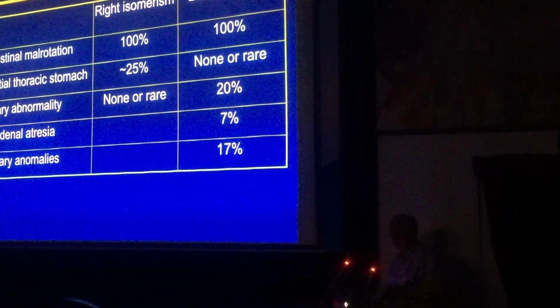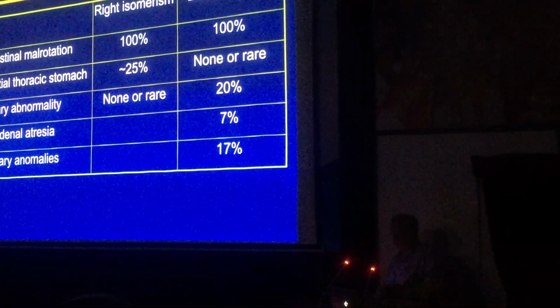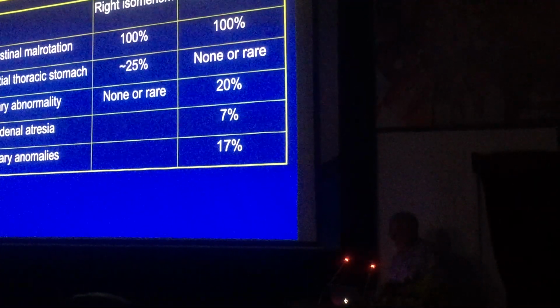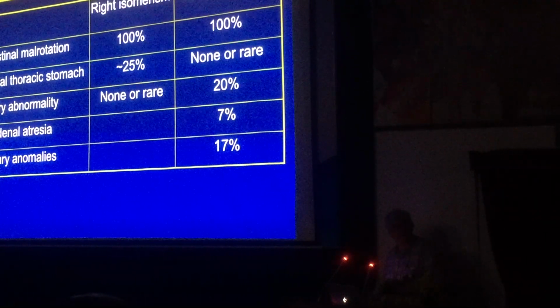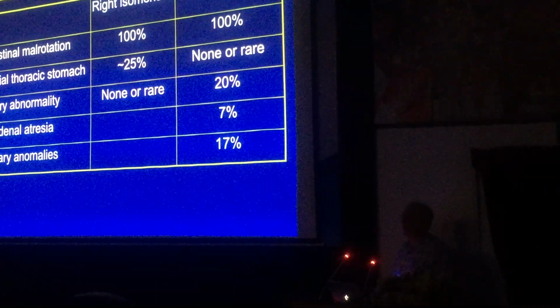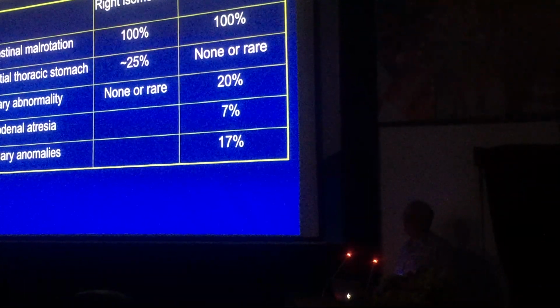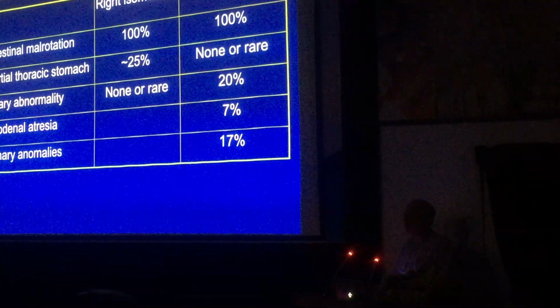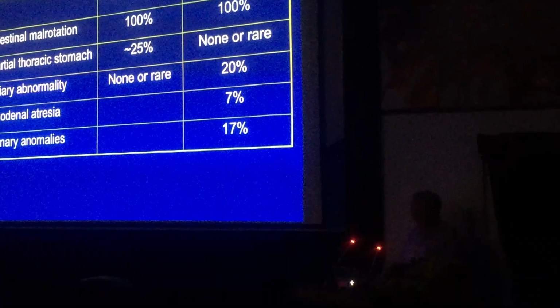It says intestinal malrotation, 100%. Partial thoracic stomach, 25%. Biliary abnormality in left isomerism is 20 to 25%. So when they have no gallbladder, they don't have a bile duct, so they develop jaundice. Okay, and they also get duodenal atresia and genitourinary anomalies in almost a fifth of them.